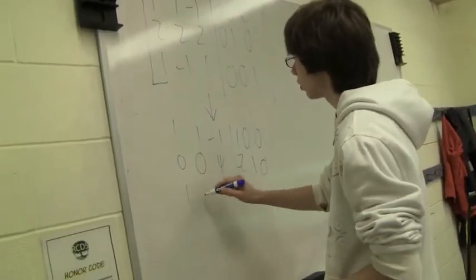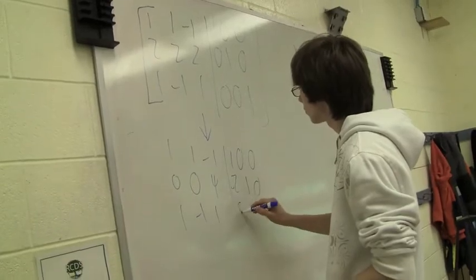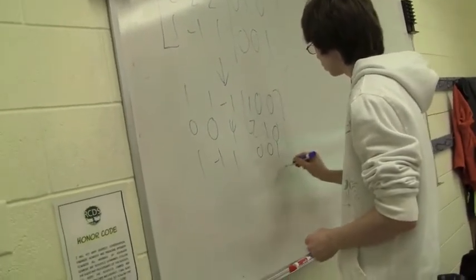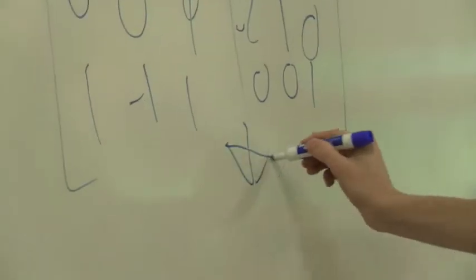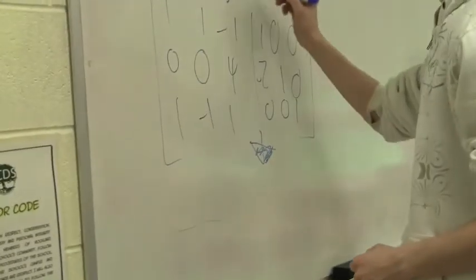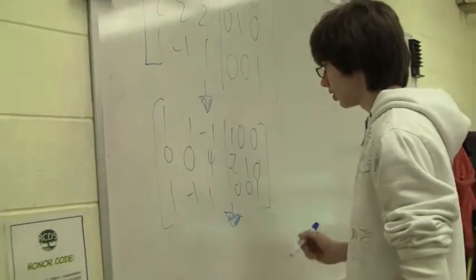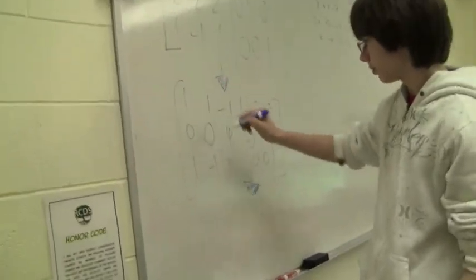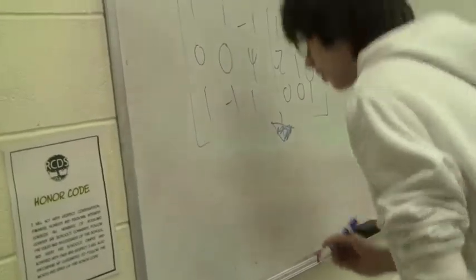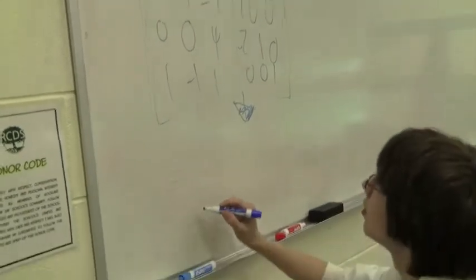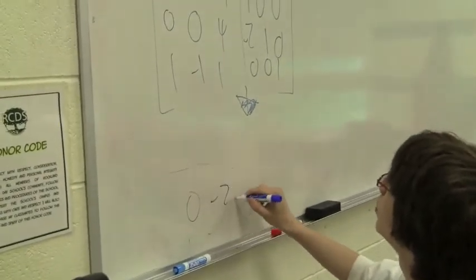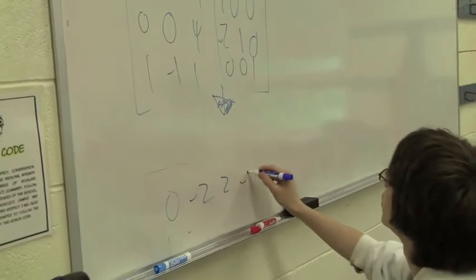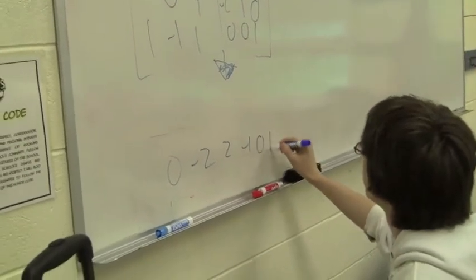Then this row is the same. We go down again. And then you do this row minus that row. So you get as the final row 0, negative 2, 2, negative 1, 0, 1.